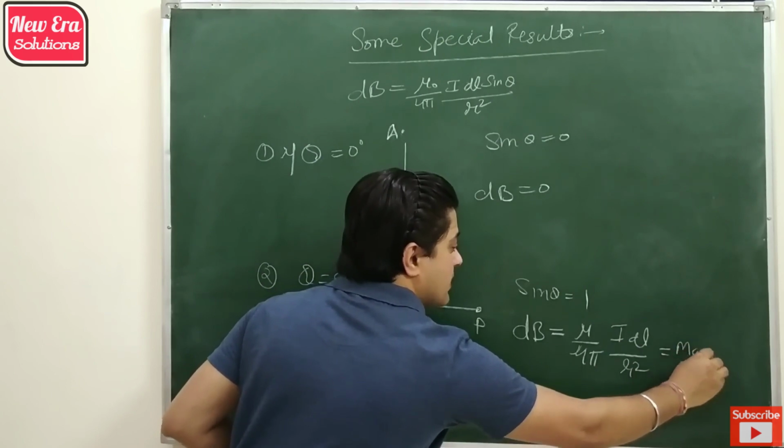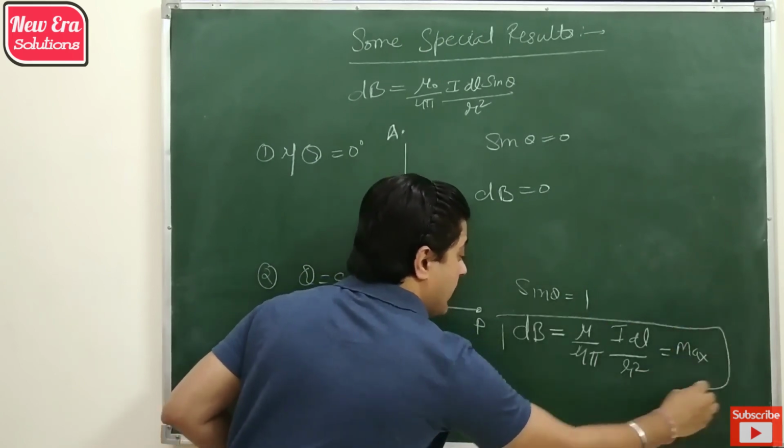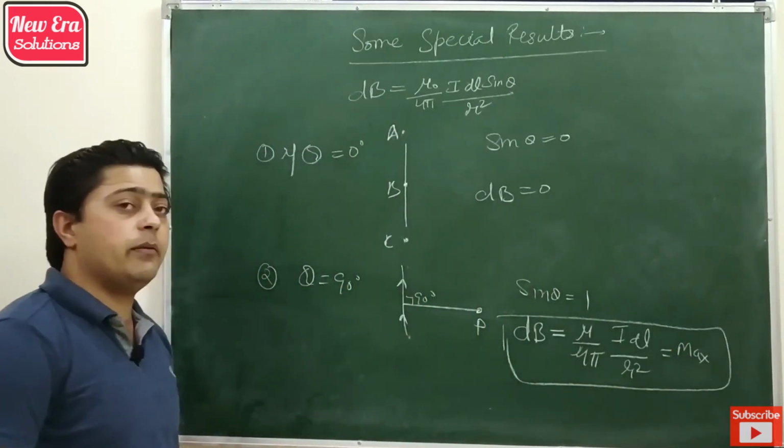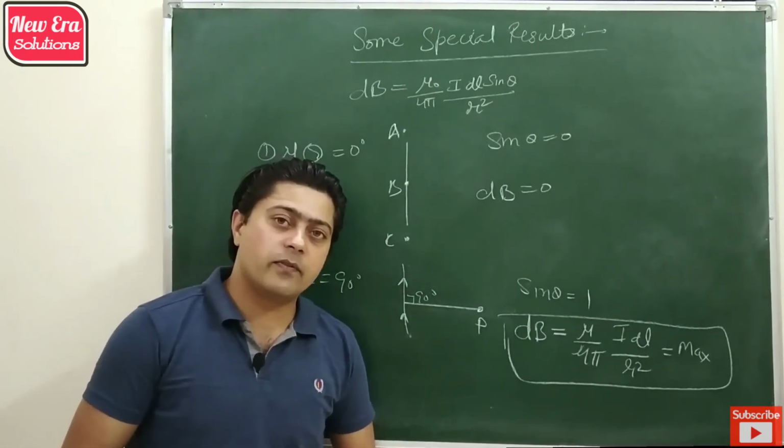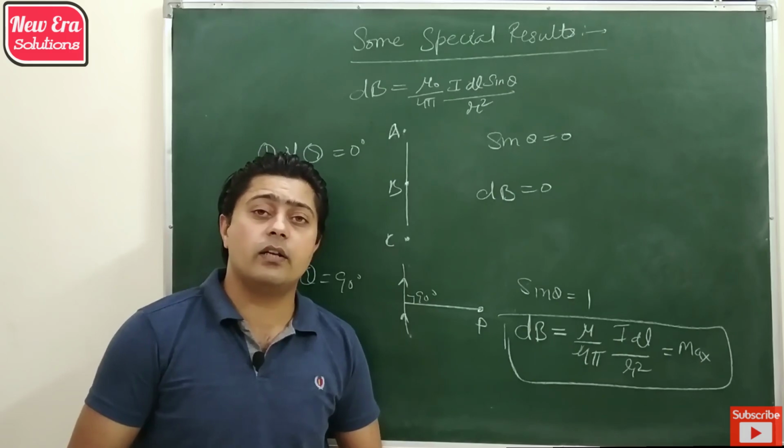That is the maximum value of magnetic field by that element at any point. So by using different conditions we can find the value of the magnetic field in different cases.